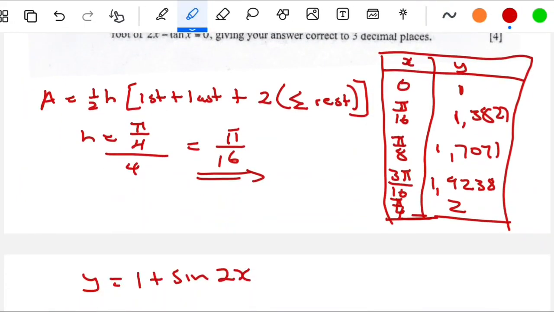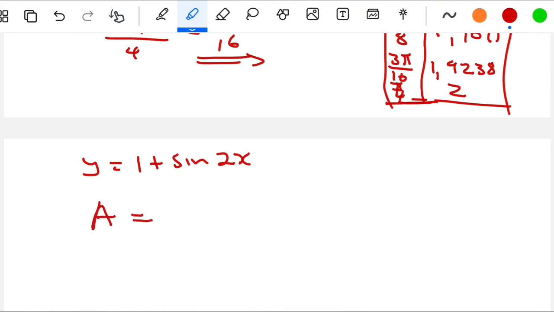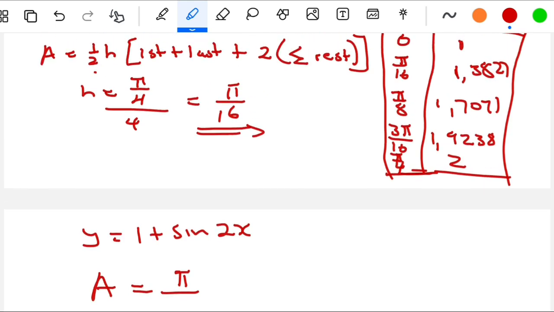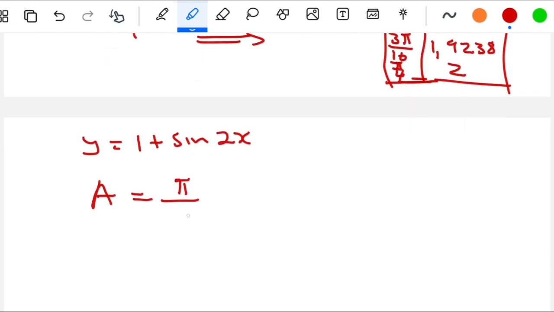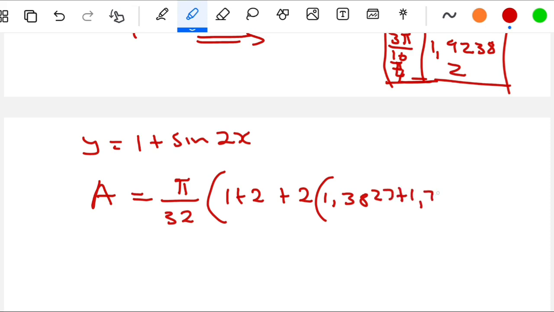So let's plug in our values. So a equals to what? Equals to pi over 32 times 1 plus 2 plus 2, 1 plus 1.3827 plus 1.7071 plus 1.9238.